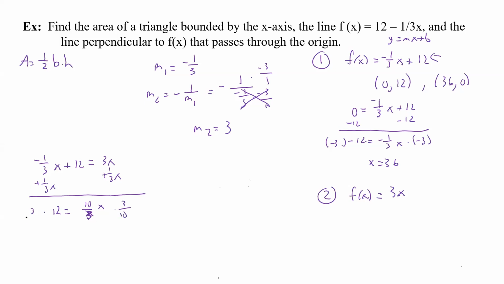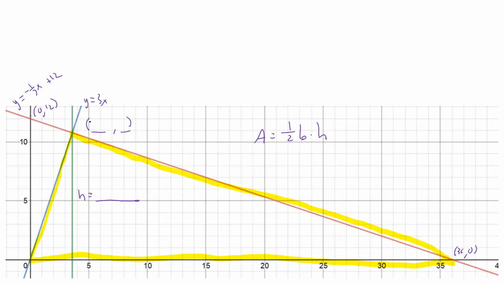Now, 2 will go into 10, 5 times, and 2 will go into 12, 6 times, so we have 18 over 5 is what x is. Okay, so that's our x part of the intercept here, where the two cross, 18 over 5.